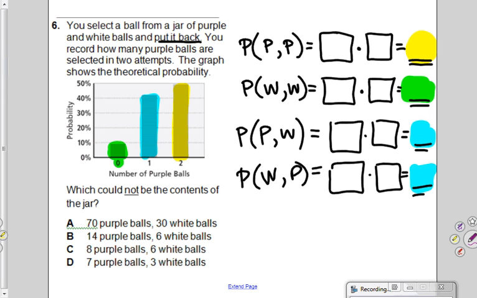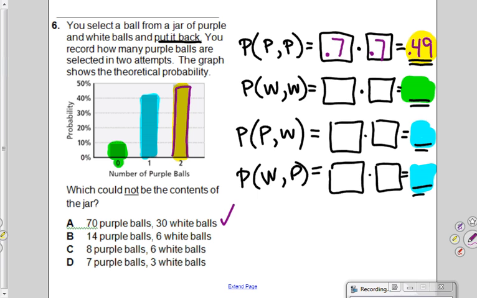And what's that as a decimal? 0.7. So purple, purple would be 0.7 times 0.7 if option A were the contents of the jar. Is 0.7 times 0.7 looking like it could be the answer to the yellow bar? 0.49. That's looking good then.